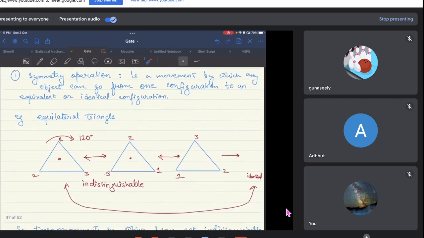For example, if I take the equilateral triangle, and in this triangle, let's say we denote the vertices as 1, 2, and 3.